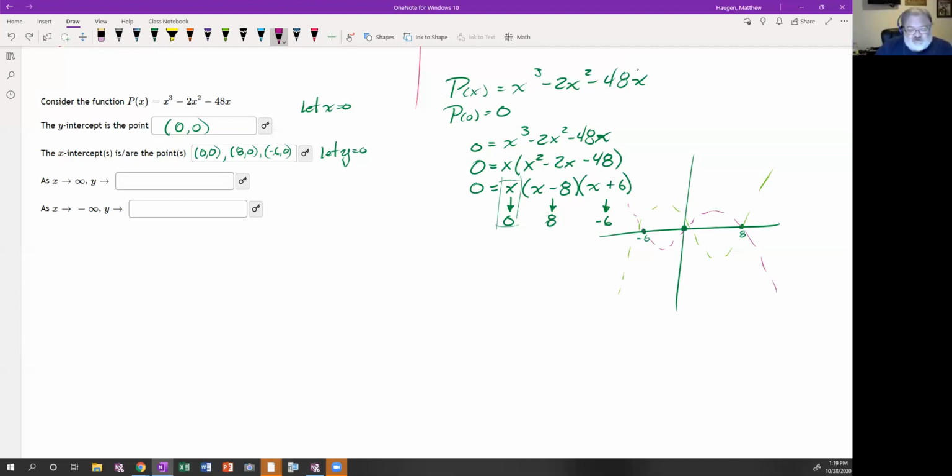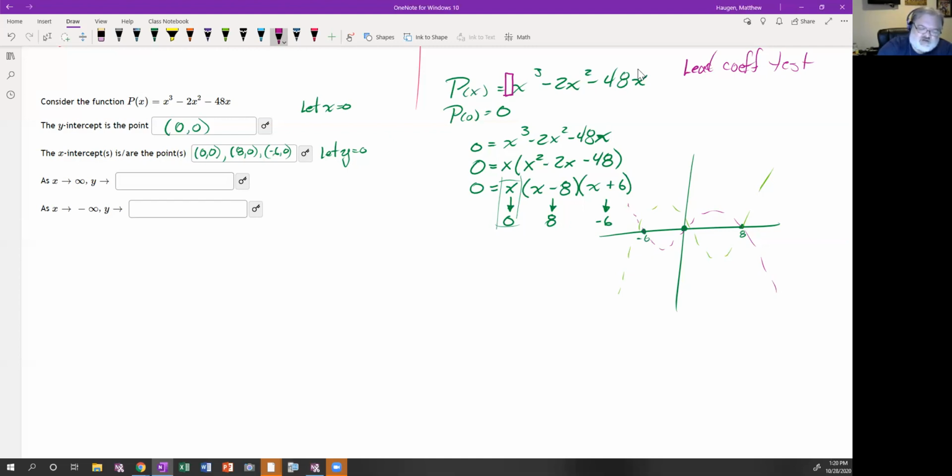But what tells us without having to do any of that, whether this thing goes downward or upward? The leading coefficient. It was even called the lead coefficient test, right? The lead coefficient is positive, right? What does that tell us about the overall behavior of this? It's going to go upward, right?